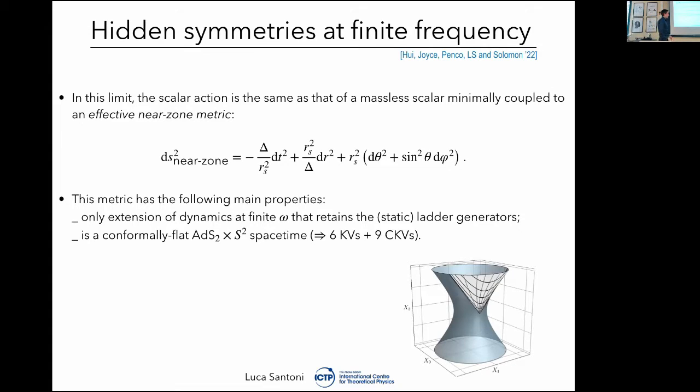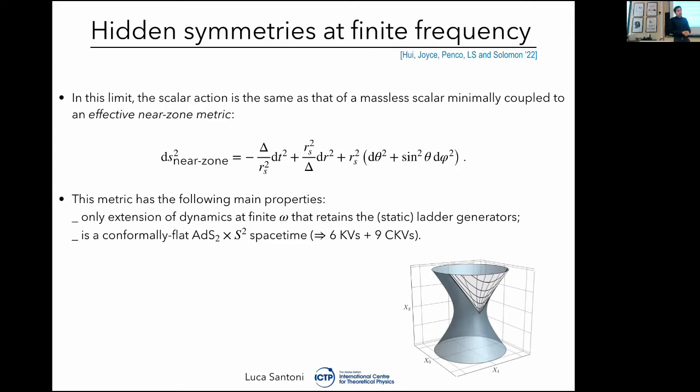This is not, for instance, any near-horizon limit of the Schwarzschild metric. This is just an effective metric that gives you the correct equation of motion, so it is completely separate.